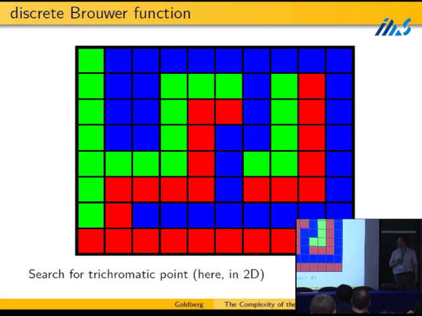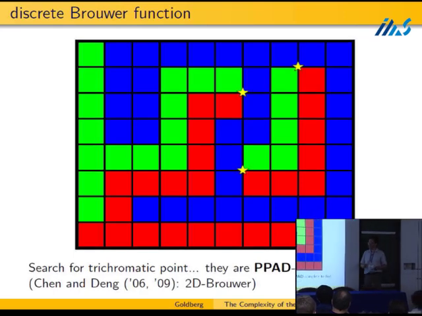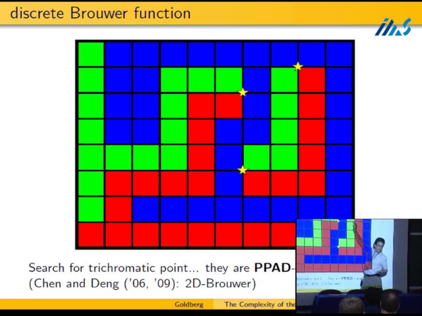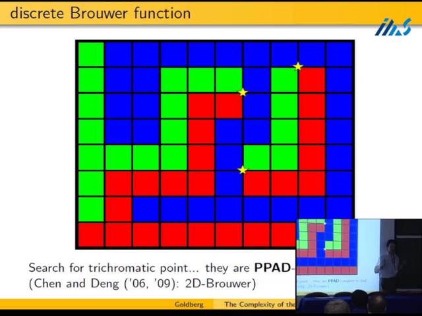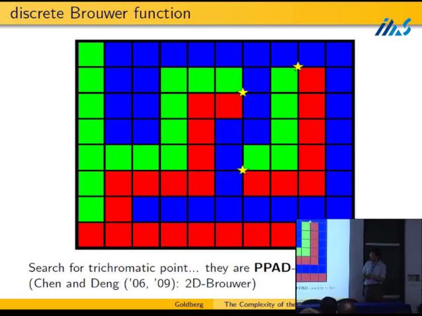The problem that we face is one of finding a trichromatic point, and it turns out to be the case, even in 2 dimensions, that these kind of points really are PPAD-complete to find, the result of Chen and Deng quoted at the bottom there.